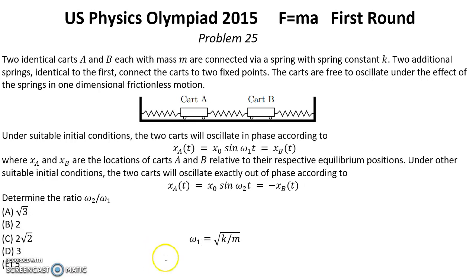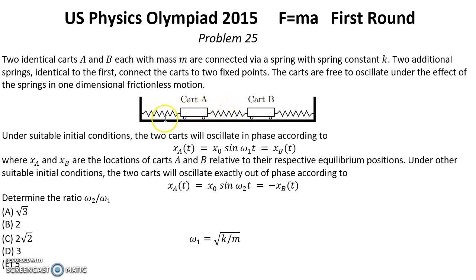In the second case, when they oscillate out of phase, it means that we can take the middle point of this figure, and this middle point is not moving. So it means that card A is affected by one spring with constant k and the other half spring with constant 2k.